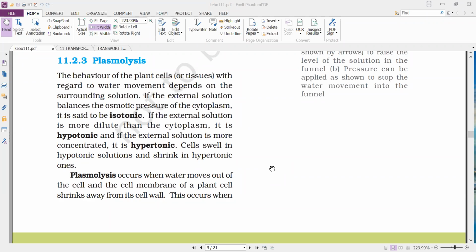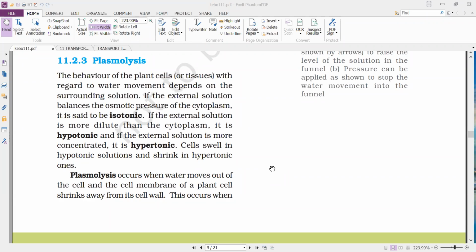This phenomenon we call exosmosis, because the water is moving out of the cell. So when you place a cell in a hypotonic solution, endosmosis will occur. When you place a cell in a hypertonic solution, exosmosis will occur.